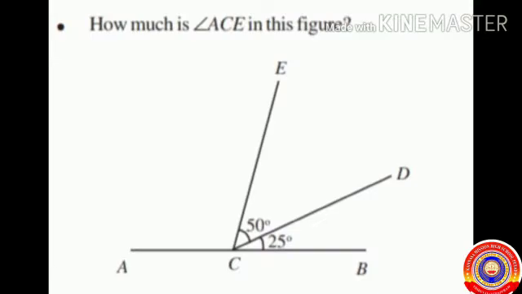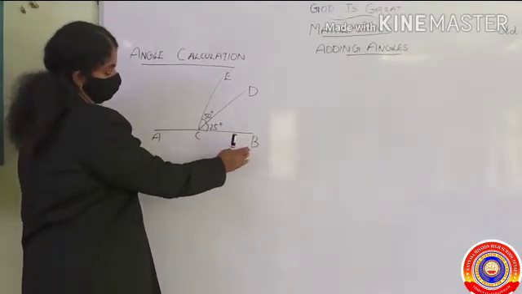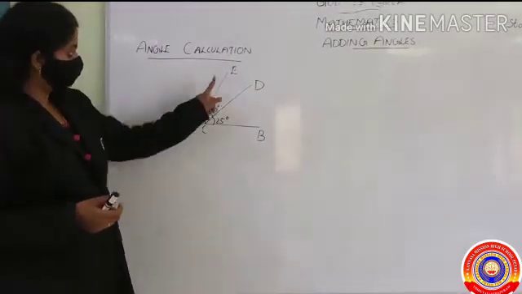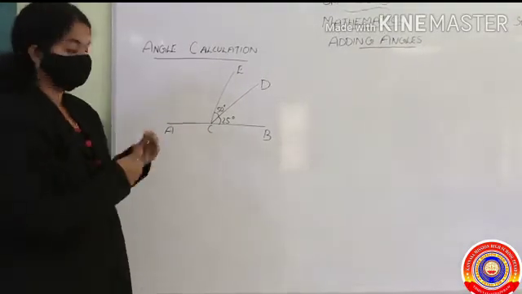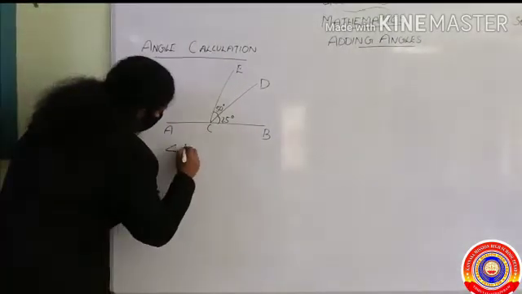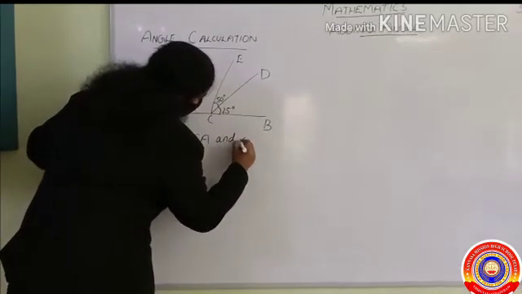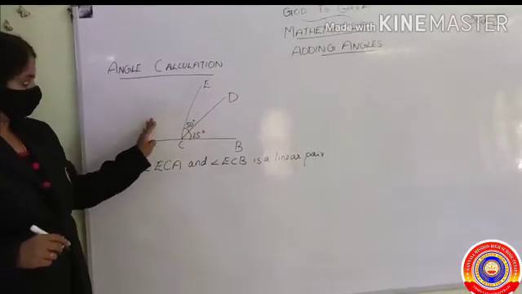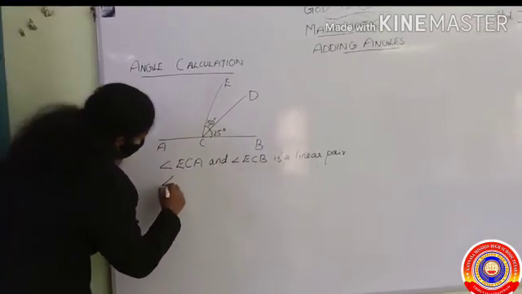Okay children, let's do a problem in your textbook, page number 10. In this question, two angles are given. Angle ECD is 50 degree and angle DCB is 25 degree. Here we want to find the angle ECA. So, we know that angle ECA and ECB forms a linear pair. So, the sum of the angle is 180 degree. First of all, we can find angle ECB.